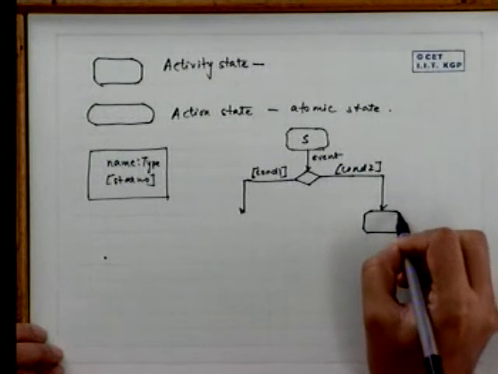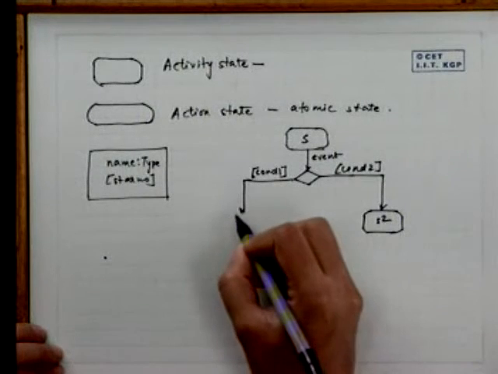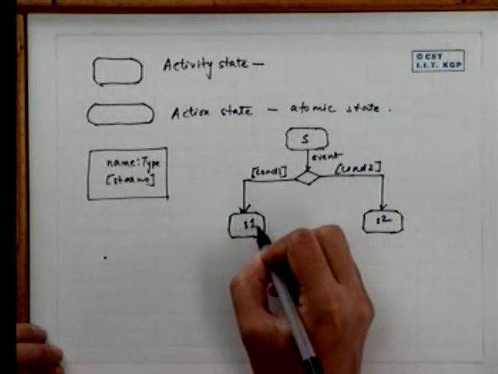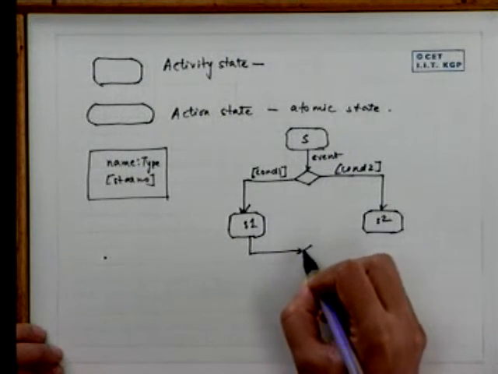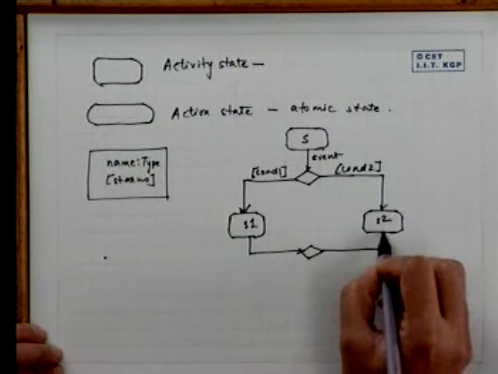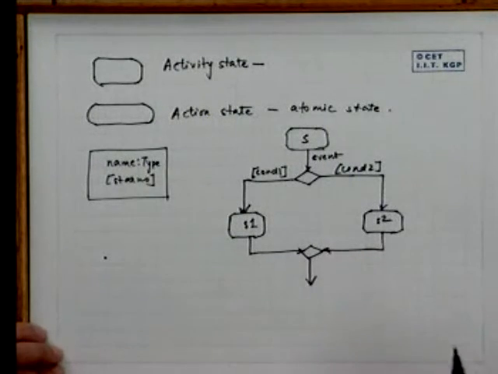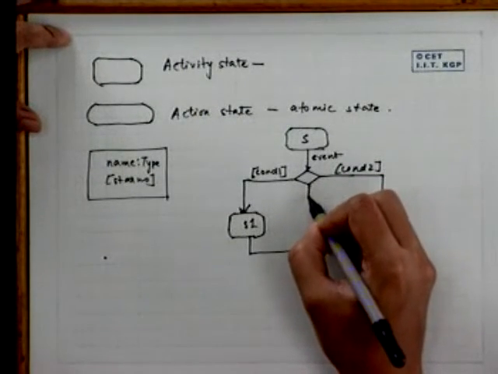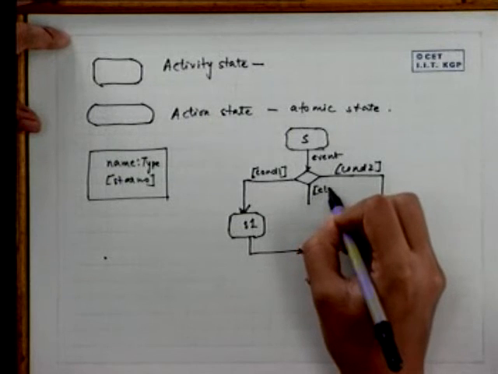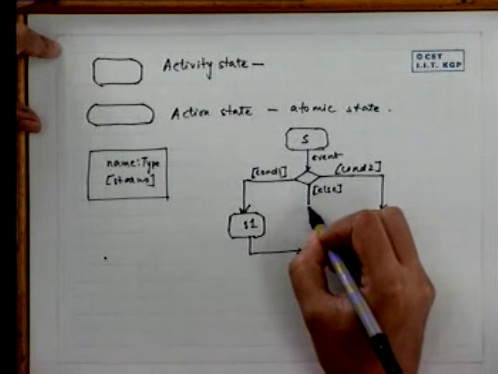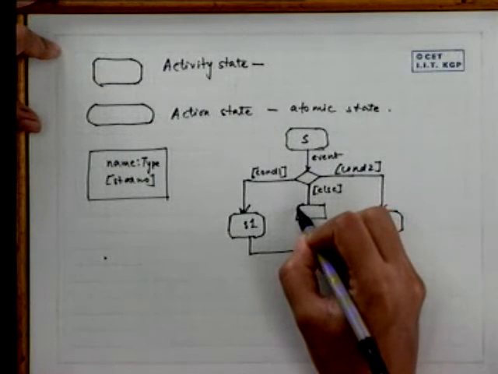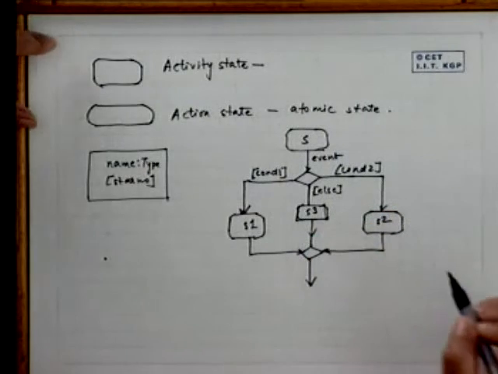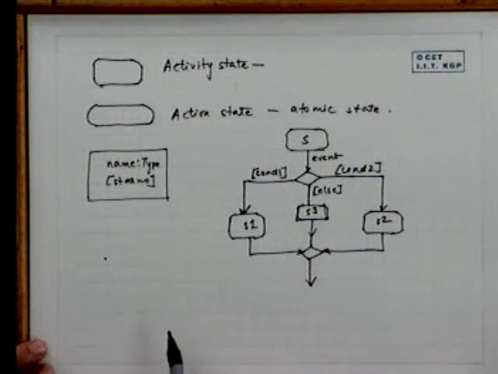And here it goes to activity state S2, here it goes to activity state S1. And here they get merged. Sometimes you also attach an else with one of the branches, which denotes the default branch to follow. This is how branching and merging takes place.